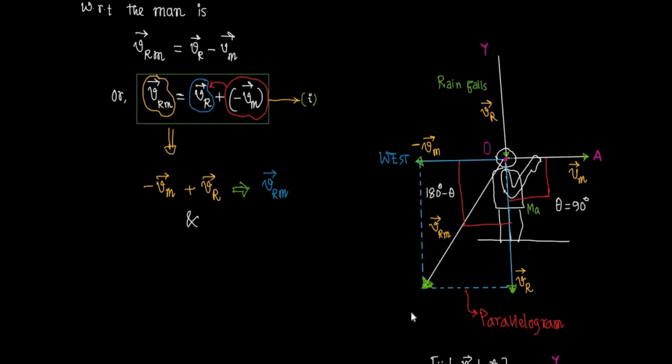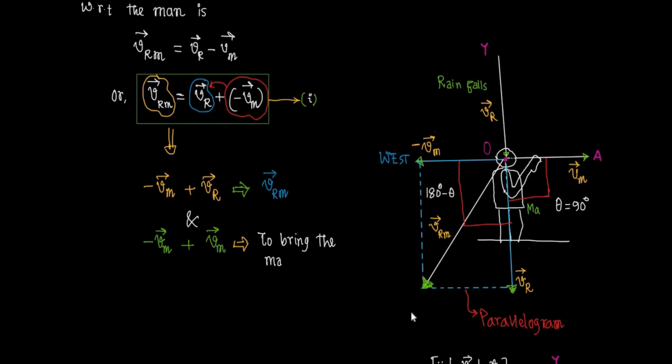And again, minus vector Vm, that means equal and opposite velocity of the man, is imposed on vector Vm to bring the man at rest, so that he can observe the rain.